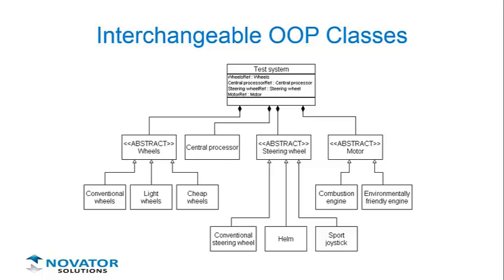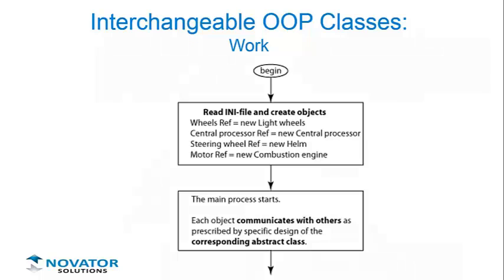How does it work when we start the program? First, we read a file, or of course some more advanced source of initialization information, and create instances of different subclasses, specific classes. We know in this particular configuration we have light wheels, helm, and combustion engine, for example.